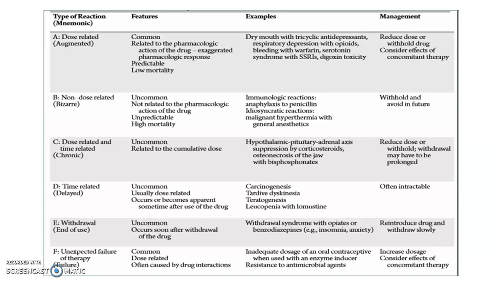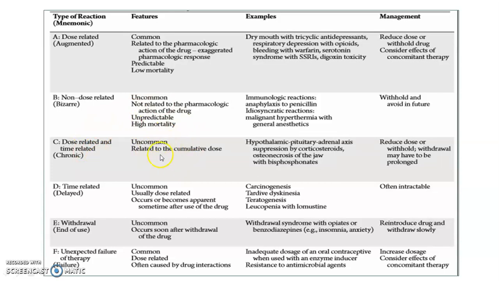So in this table, I just want to draw clear attention that dose related reactions, for example, these features are really uncommon, and these are all related to the cumulative dose of a drug. The management for these type C reactions, most of the time, is that we need to reduce the dose, because these are dose related as well as time related.